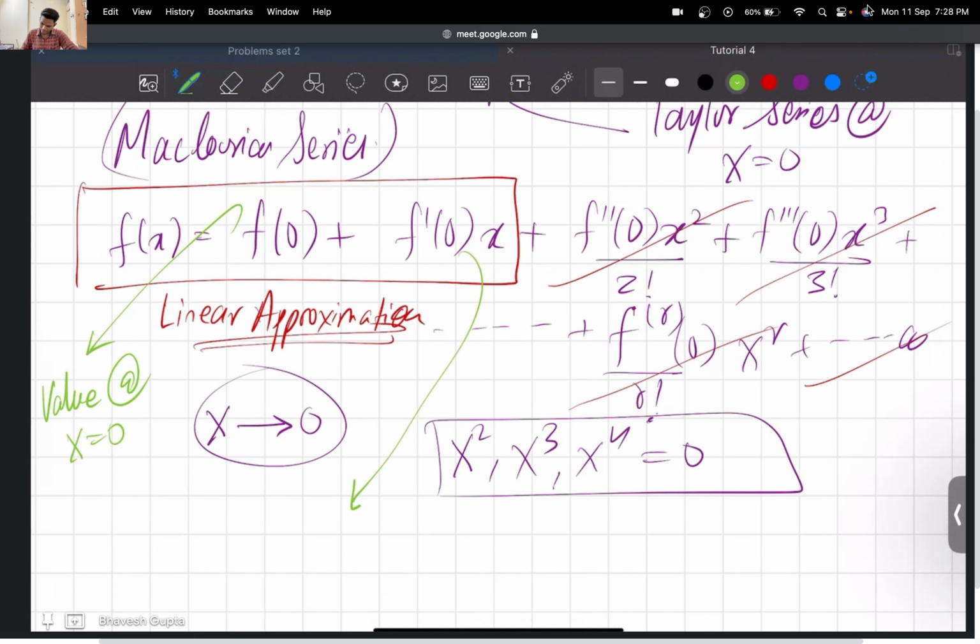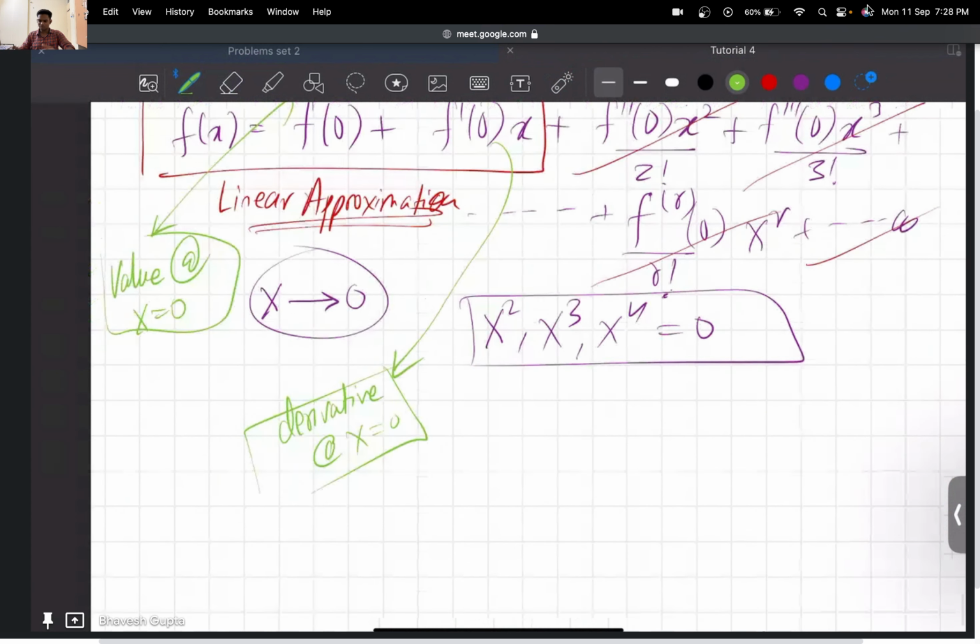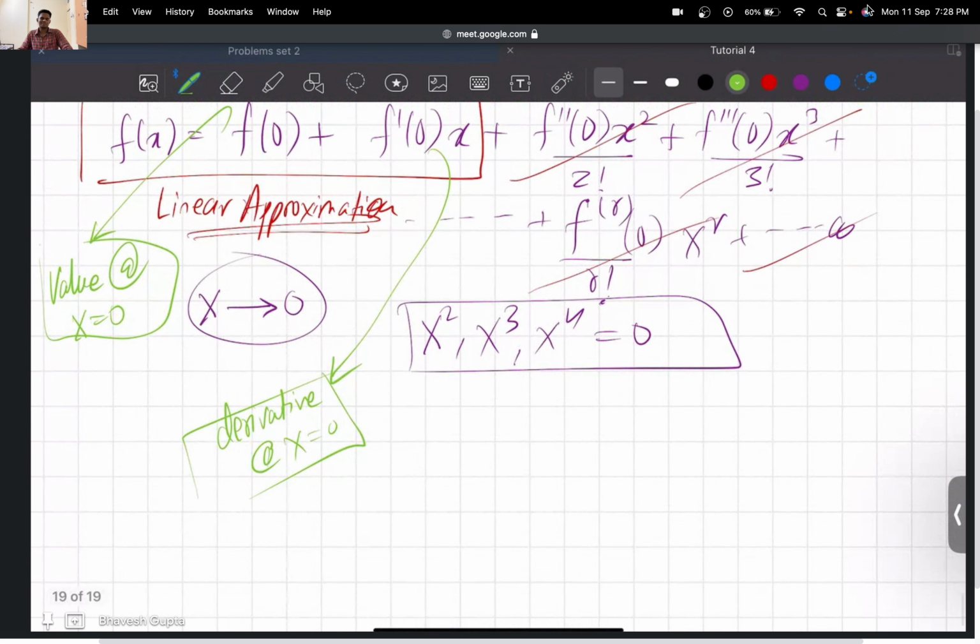And second is the derivative at x equal to 0. That's it, and you are done with your linear approximation. Right? So this is good. This is amazing. This is fantastic.